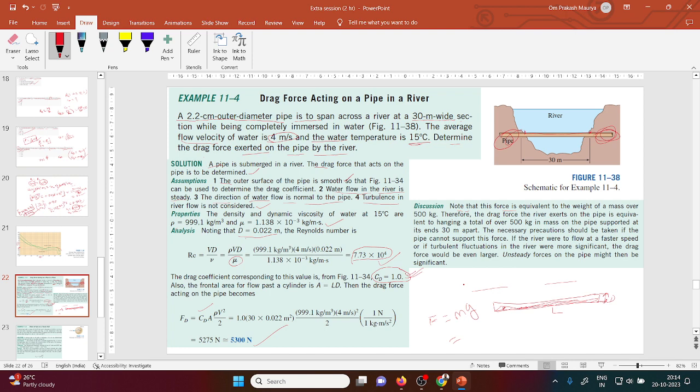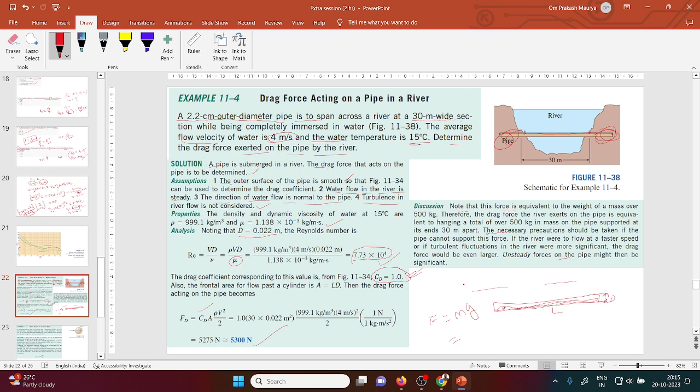Very, very heavy. Yes, the necessary precautions should be taken if the pipe cannot support this force. If the river were to flow at a faster speed, or if the turbulent fluctuation in the river were more significant, the drag force would be even larger.